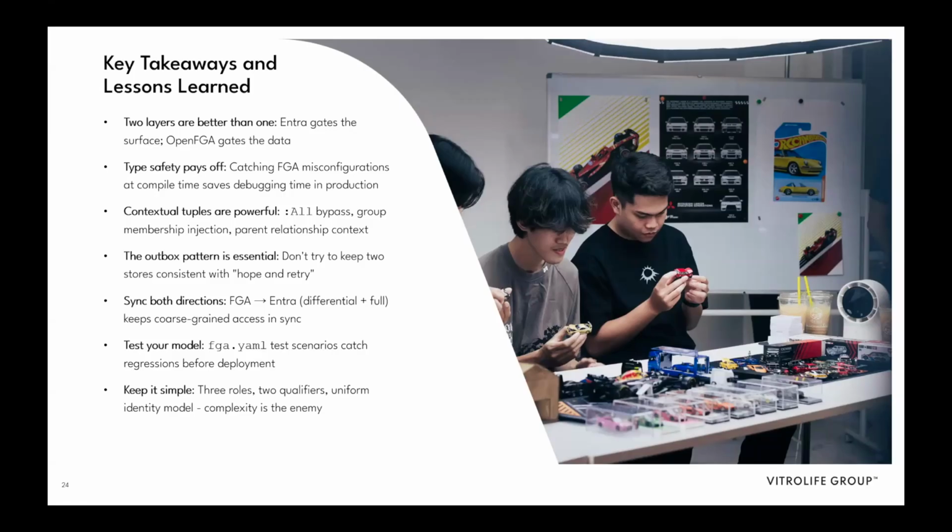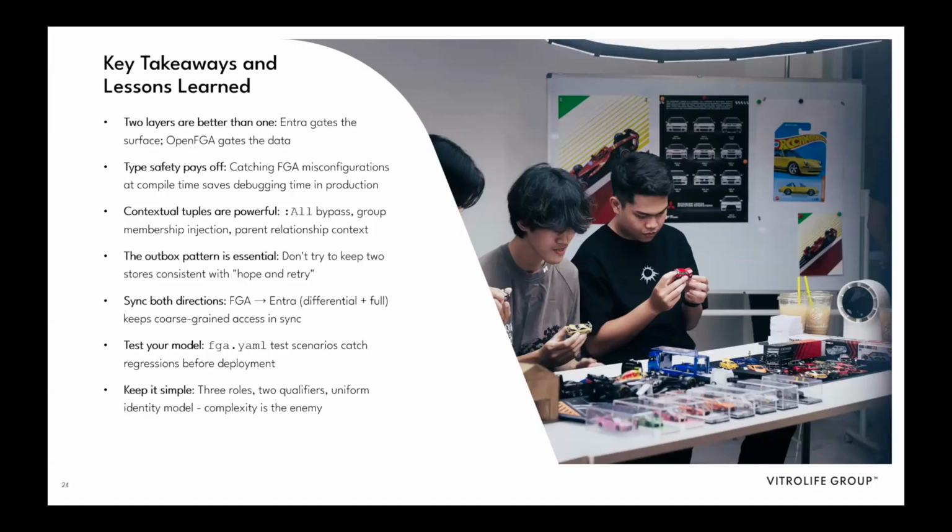The outbox pattern was the solution for us to do these atomic writes to both OpenFGA and the SQL database. We have different sources that we need to ensure we do the same write to, and they fail together. We find that using OpenFGA as the source of truth for Entra worked much better than expected.